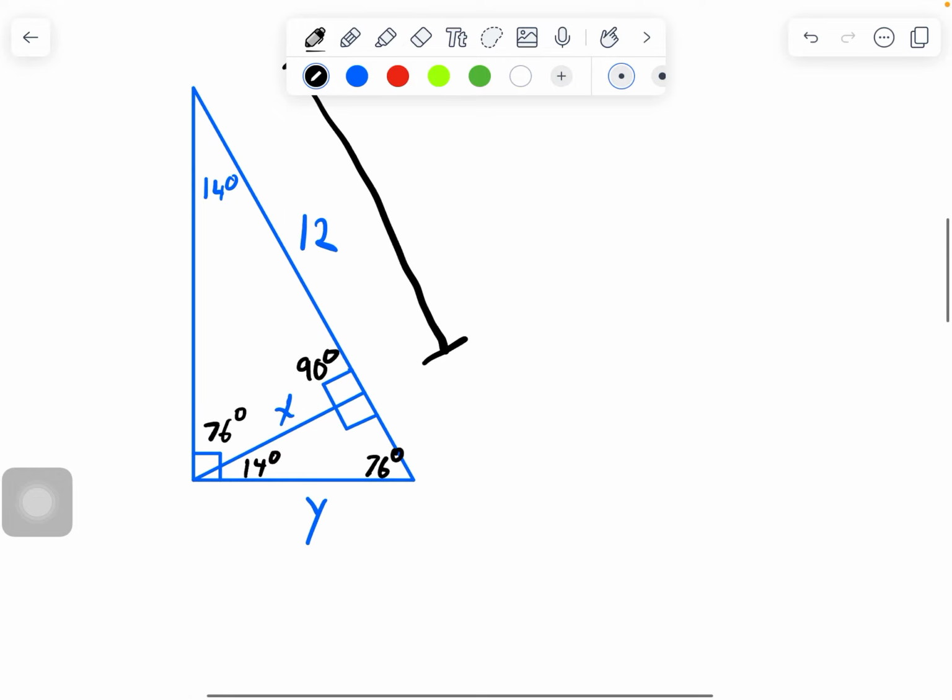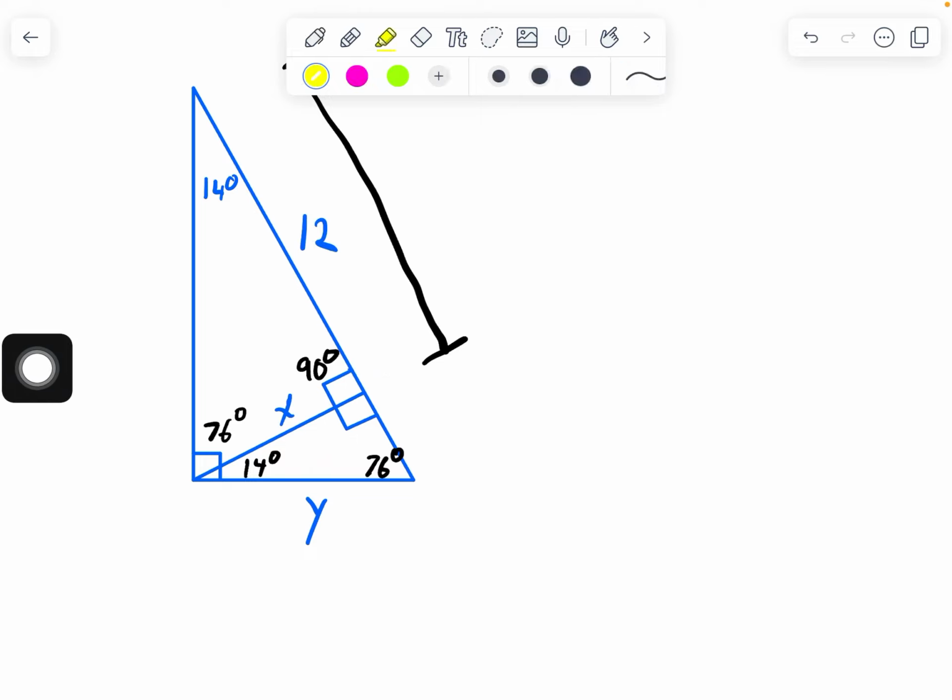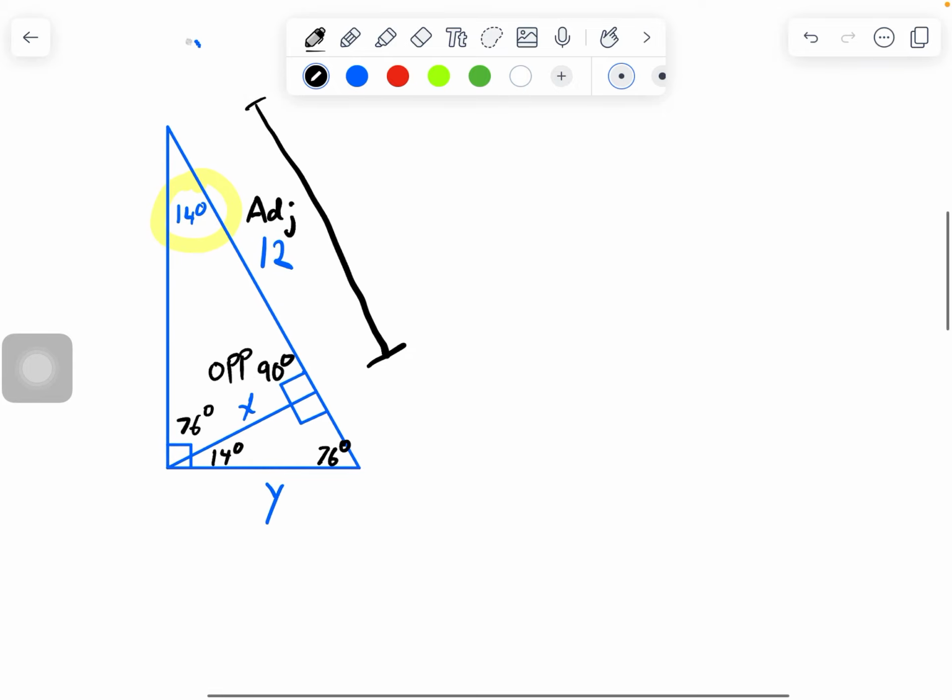So the first one I'm going to solve for is x. I know that 12 is a part of this medium-sized triangle, and I'm going to try to solve for x by using what would be the adjacent side, because I'm going to look at 14. This would be my adjacent, x would be my opposite. So here I can do tangent. I'm going to do tangent of 14 is equal to opposite over adjacent, and now I have it set up.